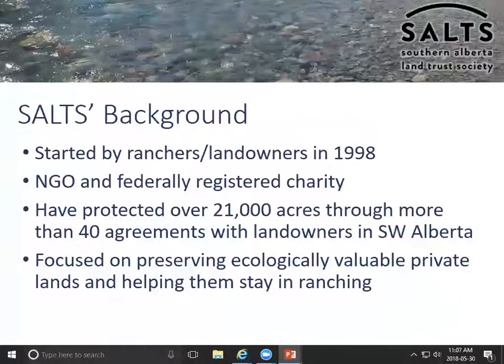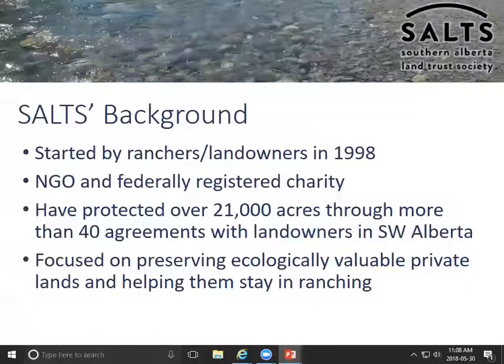So SALT is an interesting organization. It was actually started 20 years ago this year by a group of ranchers and landowners who really felt that it was beneficial to have people who were engaged in the management of the land involved in conservation of the land.